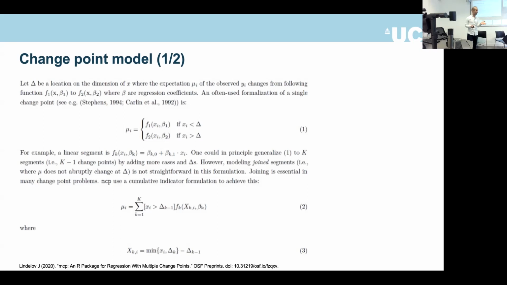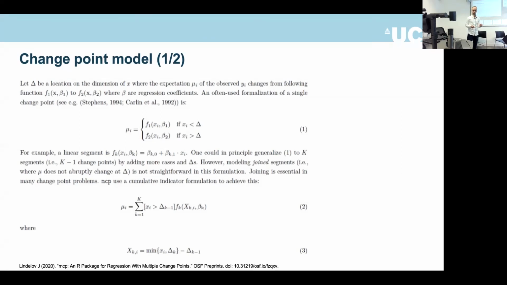This specification has one small problem: you're going to have abrupt changes before and after the plateau. But there is another specification that allows you to have a continuous curve with joined sections effectively.